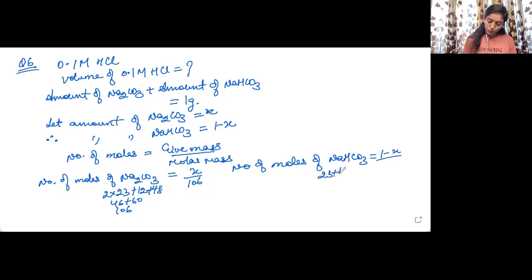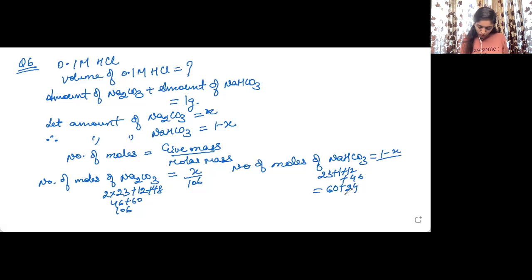So 23 plus 1 plus 12 plus 48. So it will be 60 plus 24. There is something I think I have missed it. Just let me use my calculator because I'm more comfortable with it. 46 plus 12 plus 48.